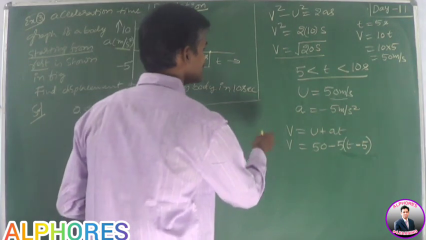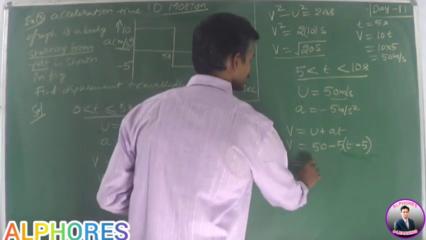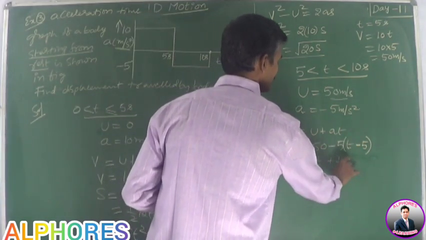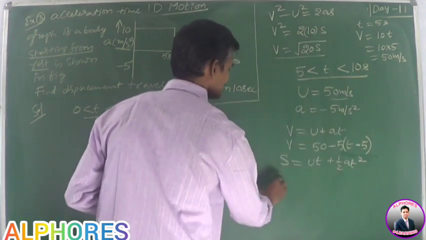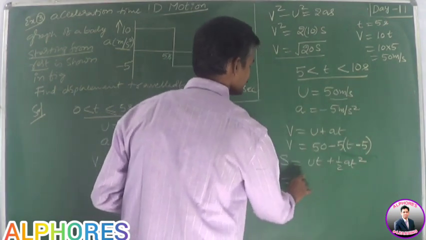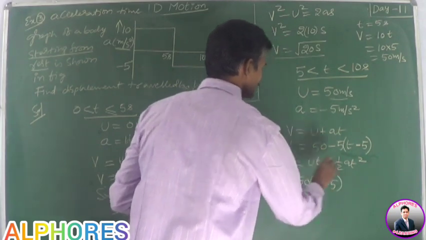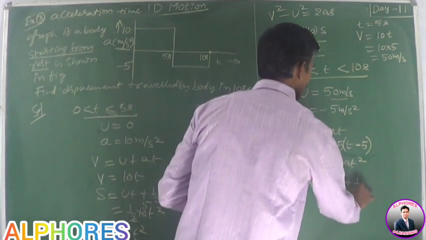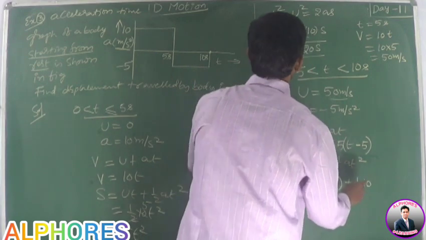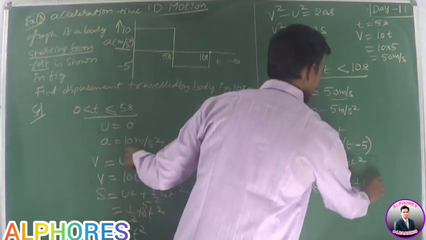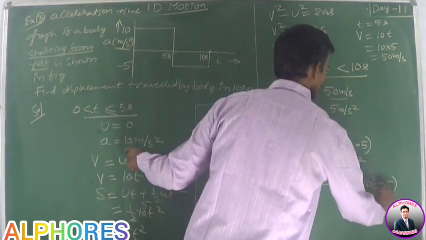Next, what is our displacement equation? S is equal to ut plus half at square. It changes as S equal to 50 into t minus 5 plus half a into t minus 5 whole square.